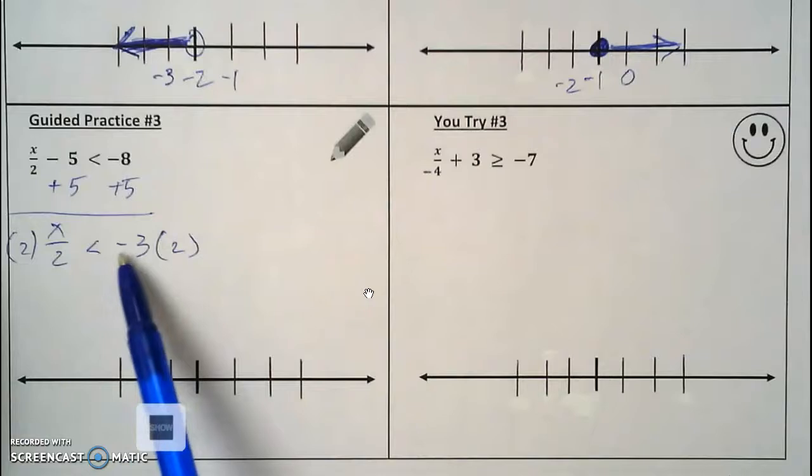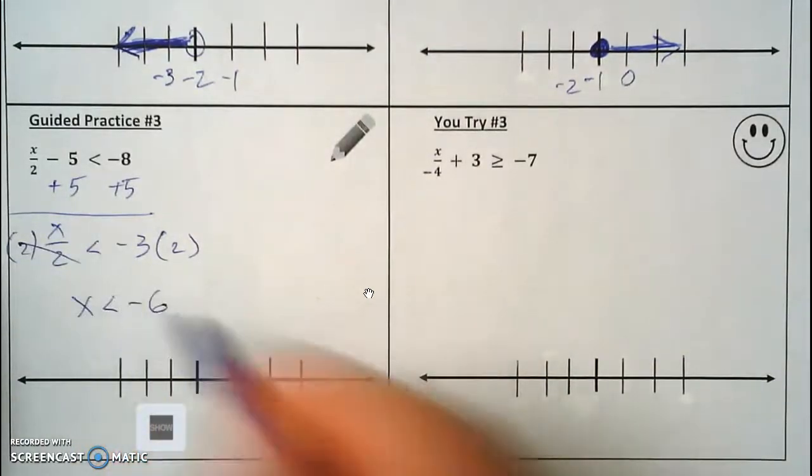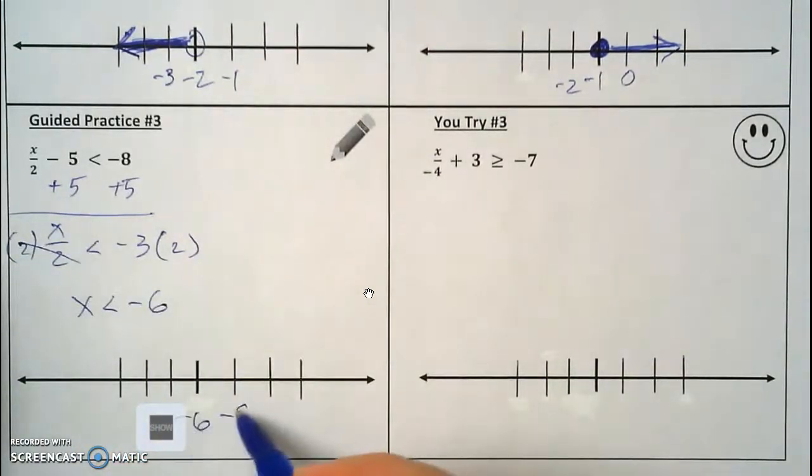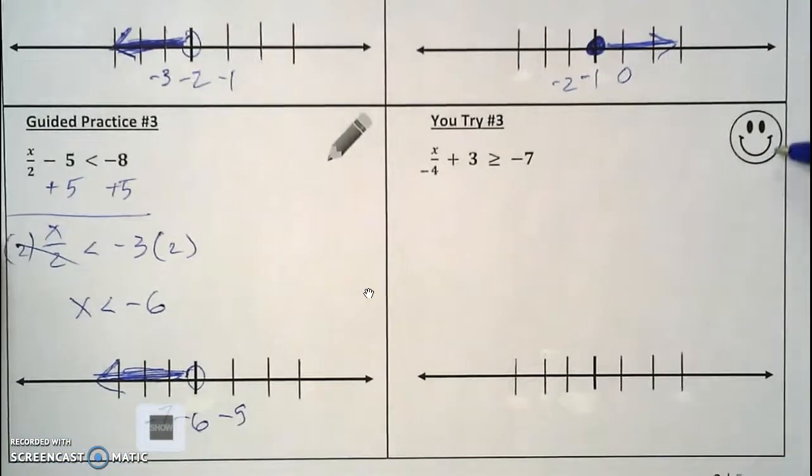So that number being positive or negative doesn't matter. I do not flip that one. Here's -7, open circle, and we go to the left because that reads all numbers less than -6.